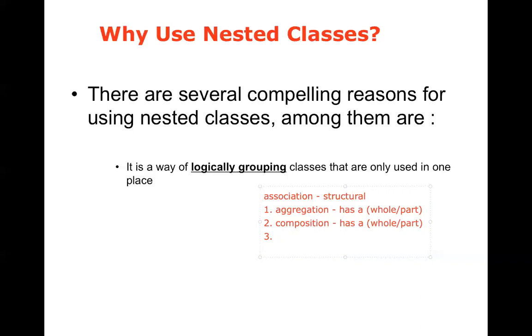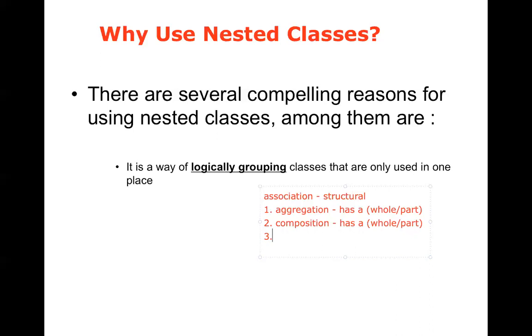And if you are strictly following the design, and whenever you find entities which have the composite relationship, then you must define the part class inside the whole. So you have the outer class representing the whole, and you have the part classes representing parts in the composition relationship. So that's why we have nested classes.